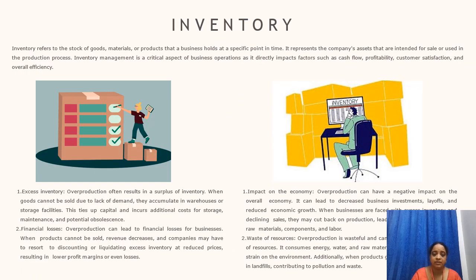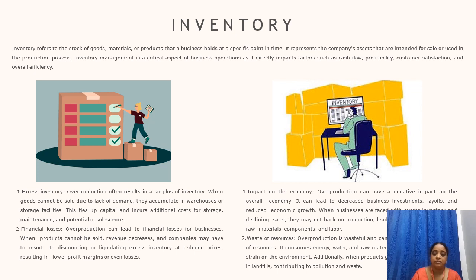The third one is inventory. Inventory refers to the stock of goods, materials, or products in the form of raw material, semi-finished products, or finished products. Excess inventory often results in a surplus.